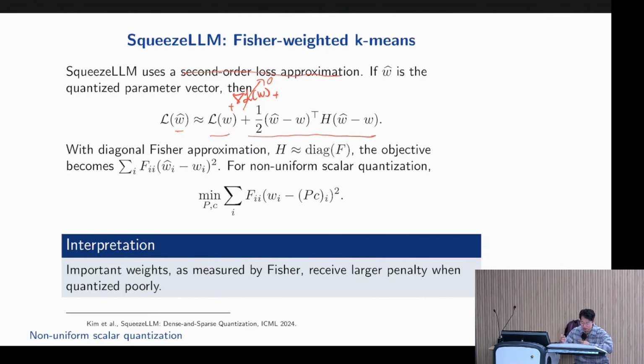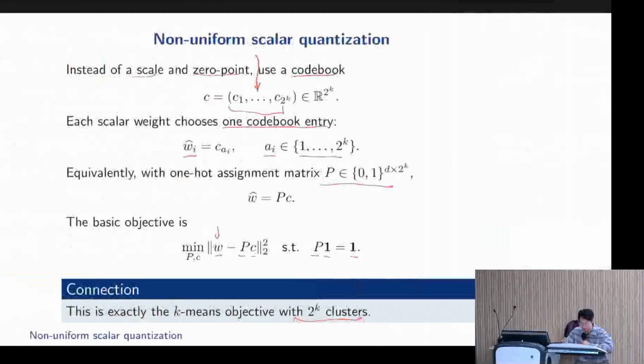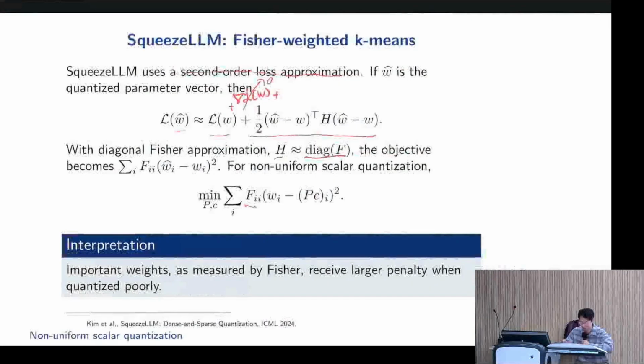And what they do is they approximate this Hessian using a diagonal matrix, a diagonal Fisher approximation. So now the objective becomes a Fisher-approximation-weighted k-means objective. Here they introduce a weighting term. Important weights as measured by Fisher are going to receive a larger penalty when quantized poorly.